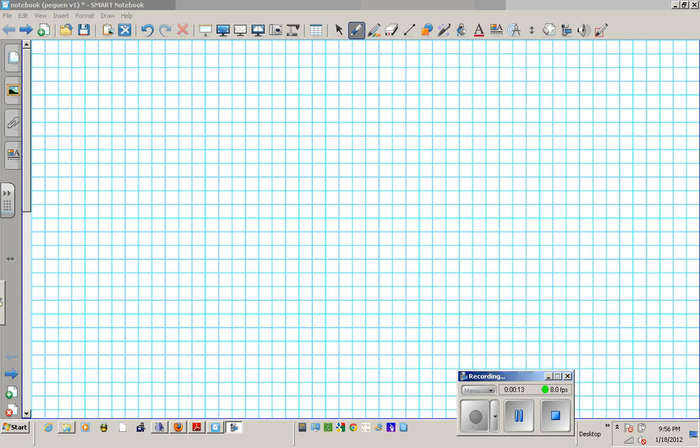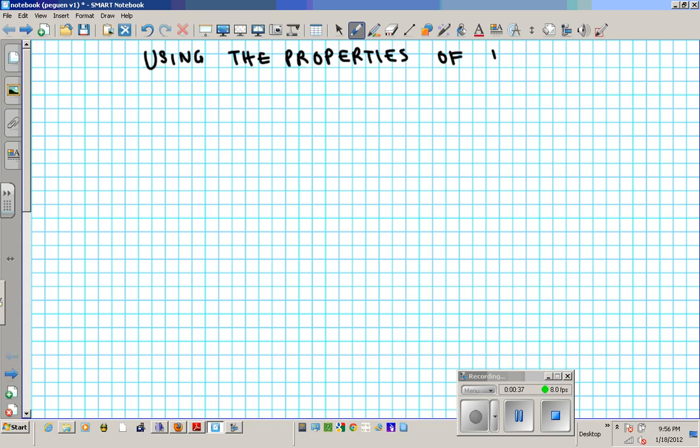Okay, so write the title for today's notes: using the properties of logarithms, you can write logs to approximate and solve.